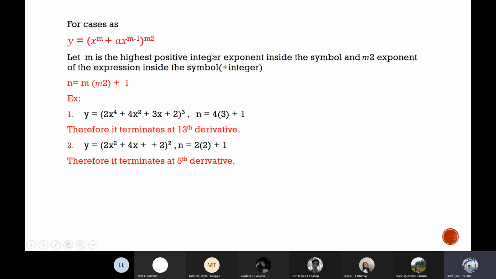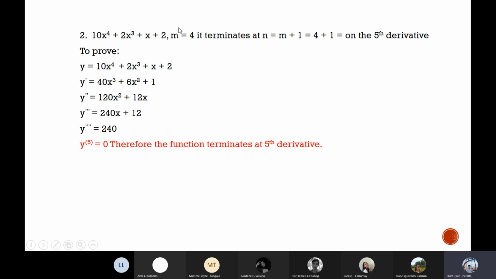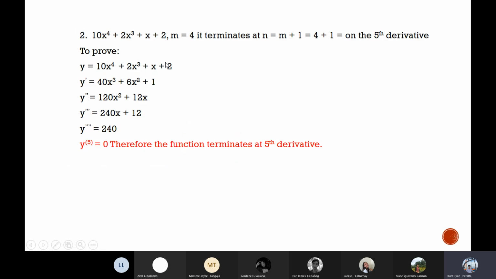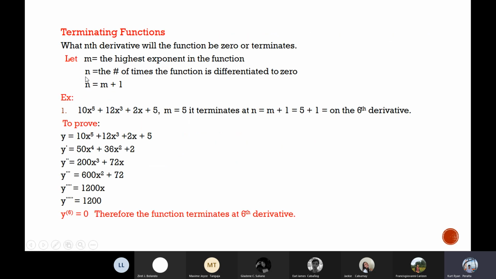So another case is when the function is dili ingani ang form. The function is like x to the power of m plus ax to the m minus 1, kaning coefficient a, then gi-enclose siya into parenthesis, then raised to another exponent. So the formula in getting kung kanus-a siya mo-terminate is different sa katong kani, which is m plus 1 ra.